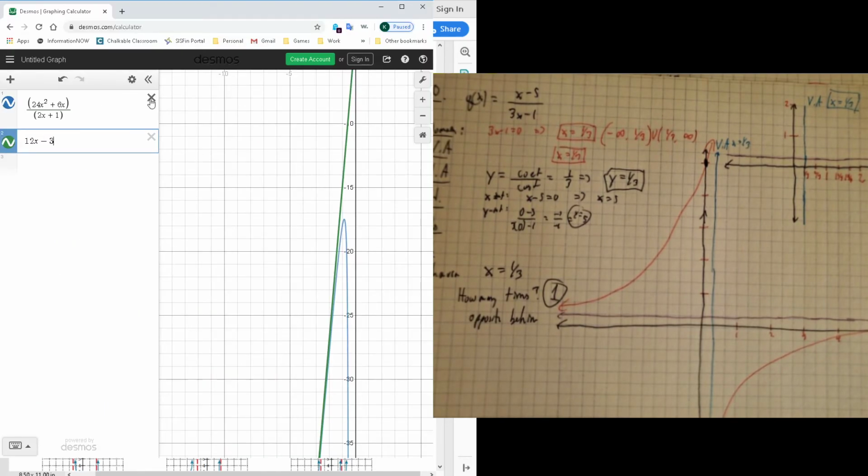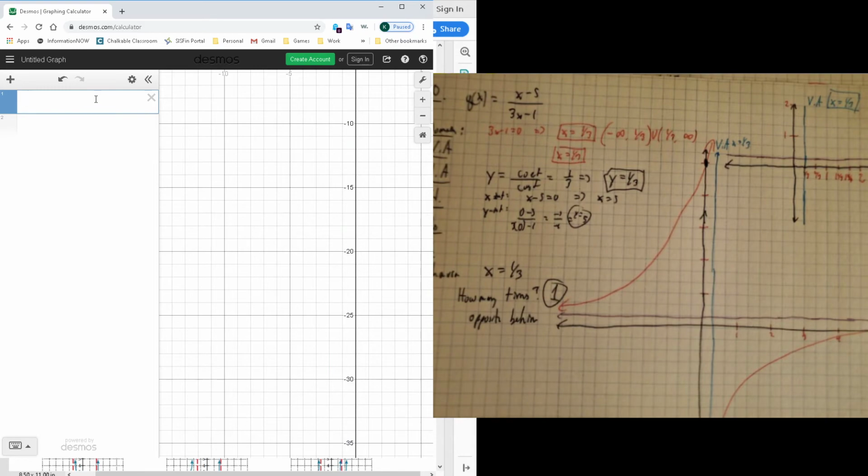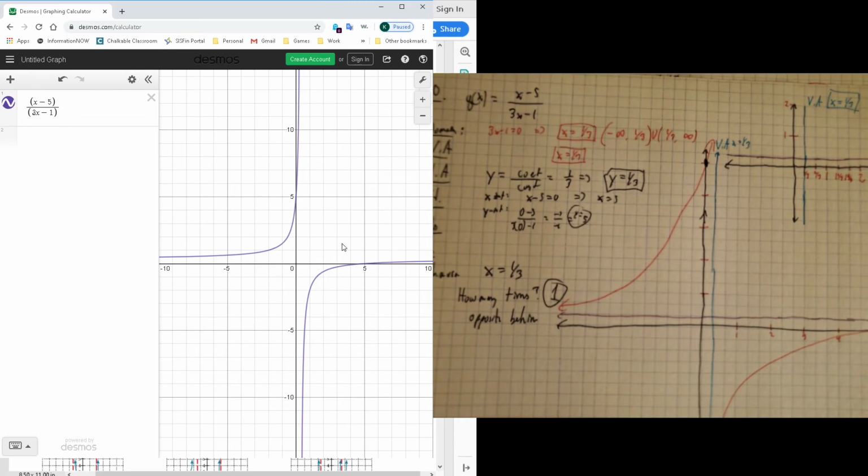Here's my graph. Pull open the one we asked about, which was x minus 5 divided by 3x minus 1. Notice y-intercept of 5, x-intercept of 5, and notice that if I graph my lines, x equals 1/3.